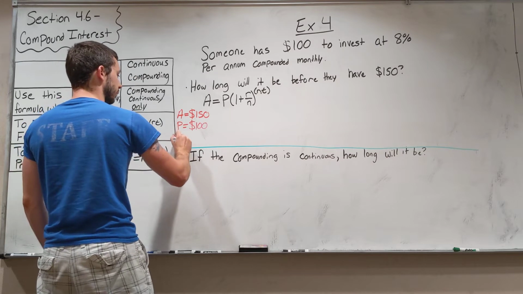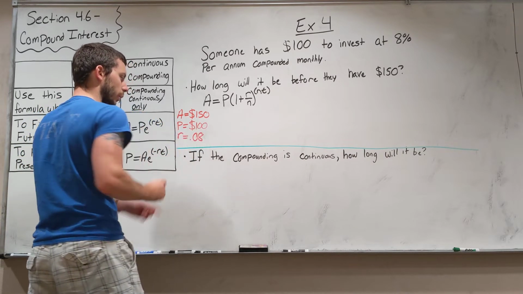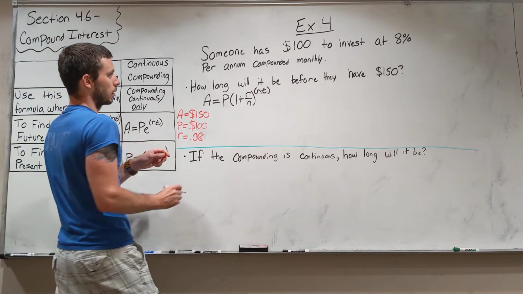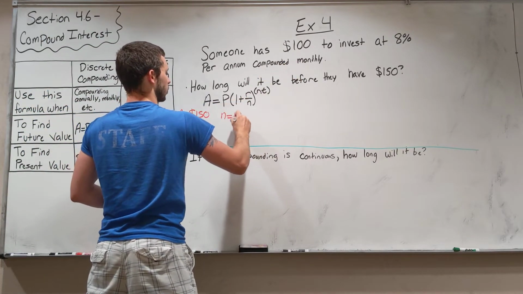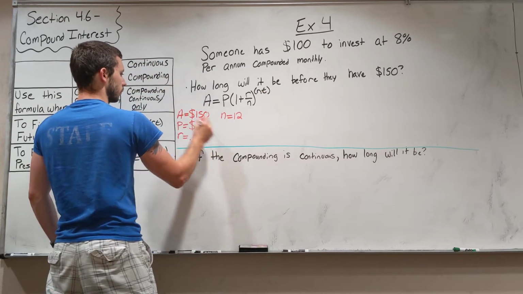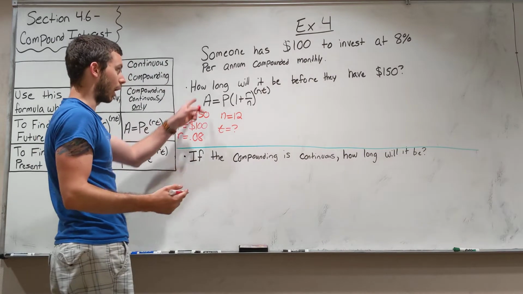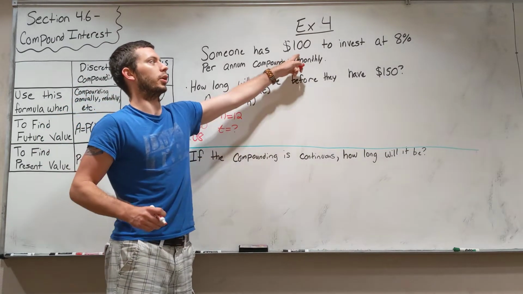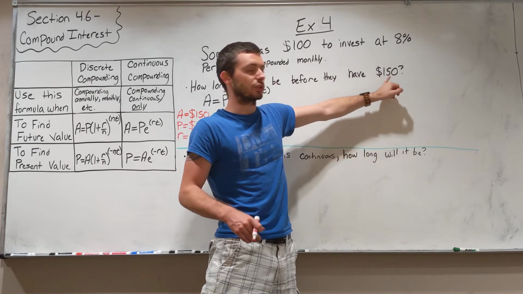The rate seems to be 8%, which we'll go ahead and convert as 0.08. And compounding monthly tells us 12 for n. And t, again, that's what we're looking for. We're looking for how long it will take for $100 to accrue interest enough to reach 150.